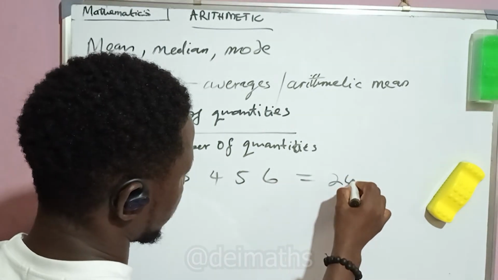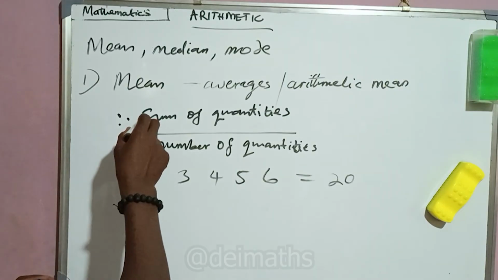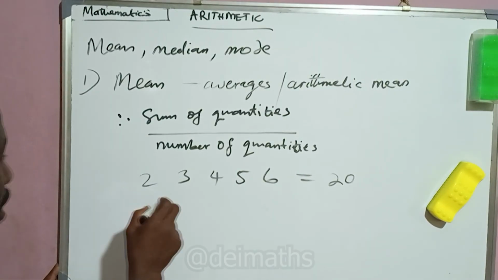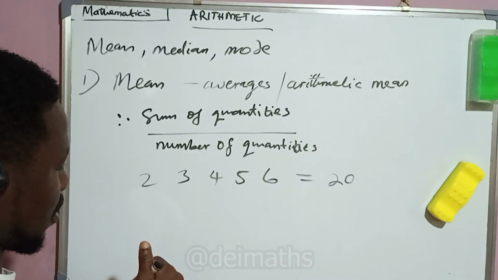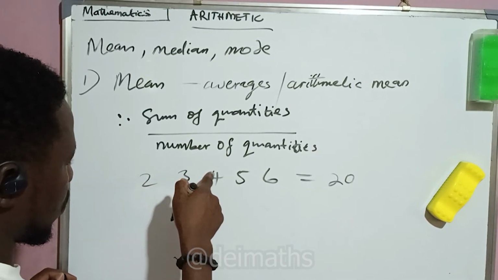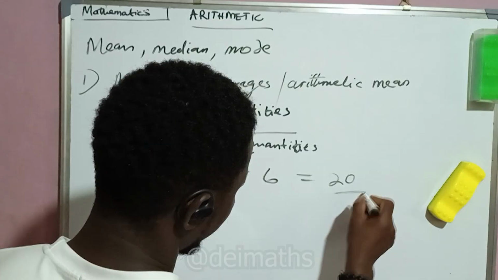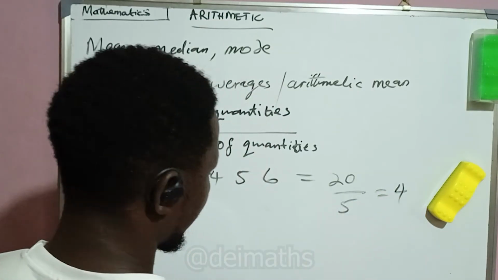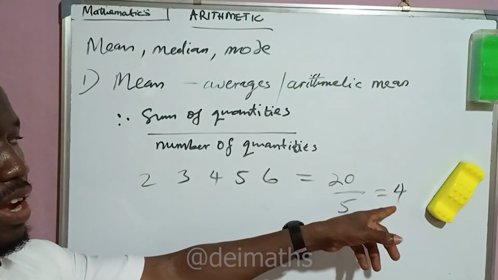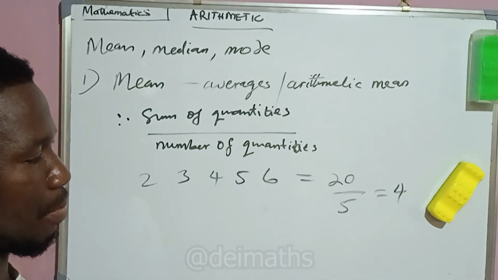That is, the sum is 20. Now we look for the number of quantities. That is 1, 2, 3, 4, 5. That is 20 divided by 5, which is equal to 4. This is the average, and this is the mean of the numbers.